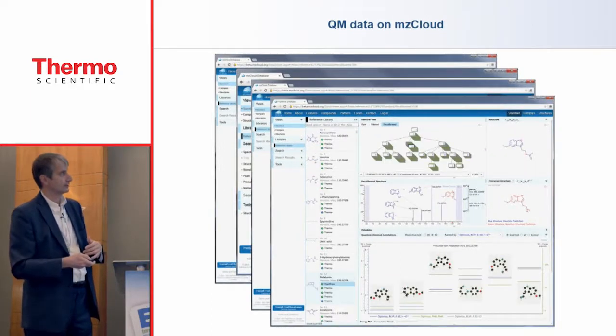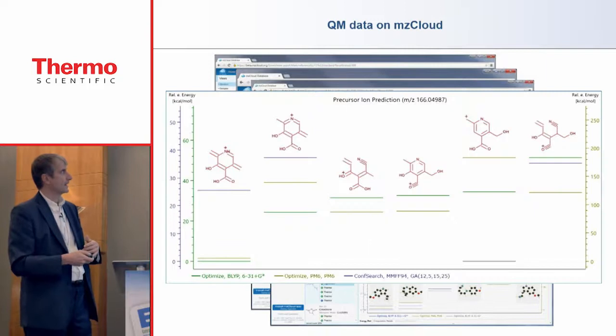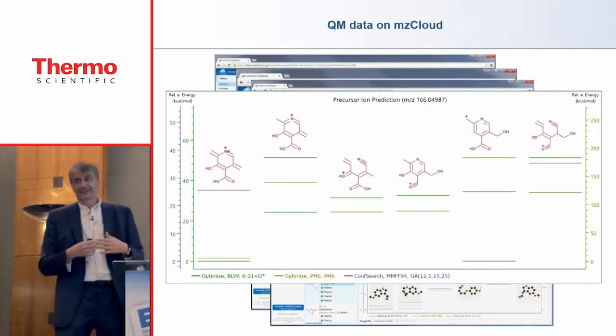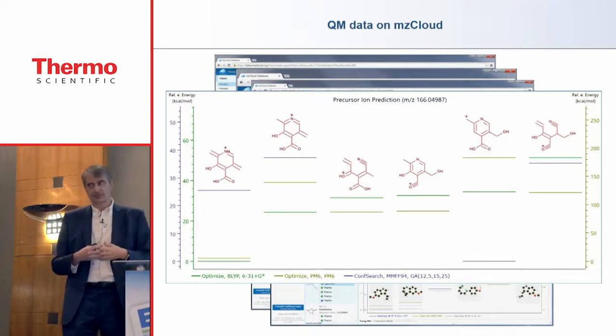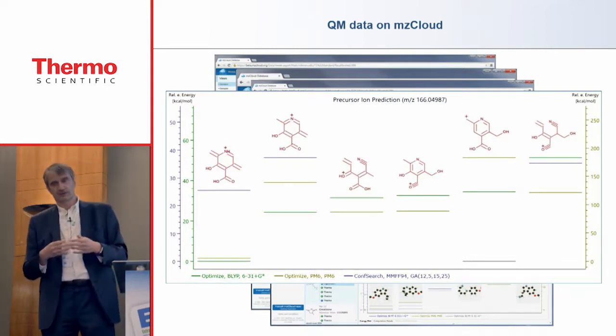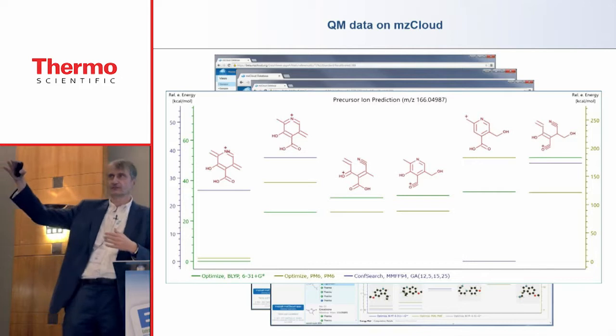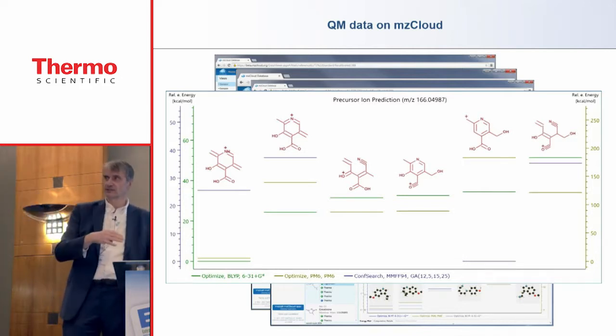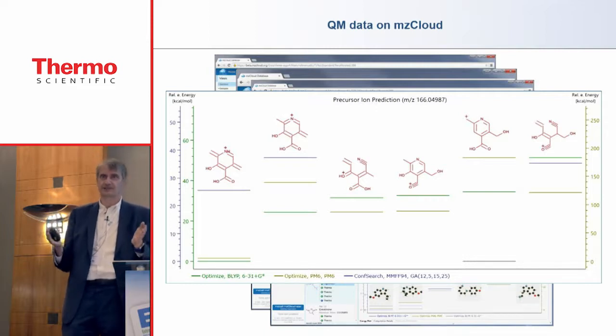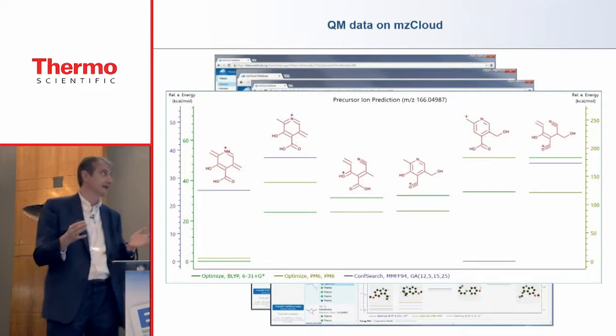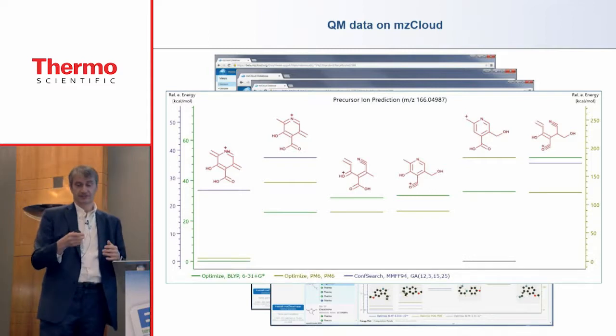You can even see the three-dimensional structures. This is our typical view. Since it takes so long and is very expensive to calculate those fragments, we are continuously filling this information into mzCloud, so you will not see all the quantum chemical calculations for all the compounds. It will take us a couple of years and a lot of resources, but we are progressing.